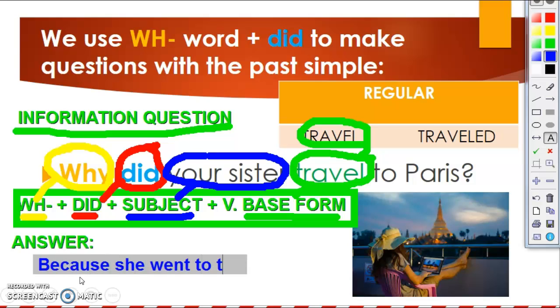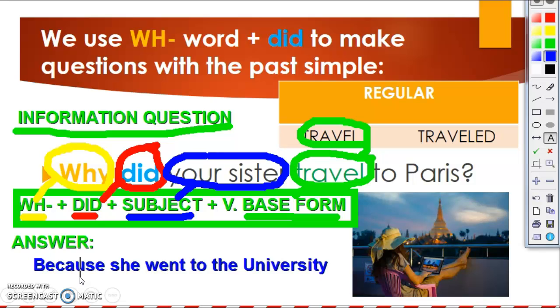Because she went to the university. Yes, we have information. We answer with information in the simple past. Repeat, please. Why did your sister travel to Paris? Because she went to the university.